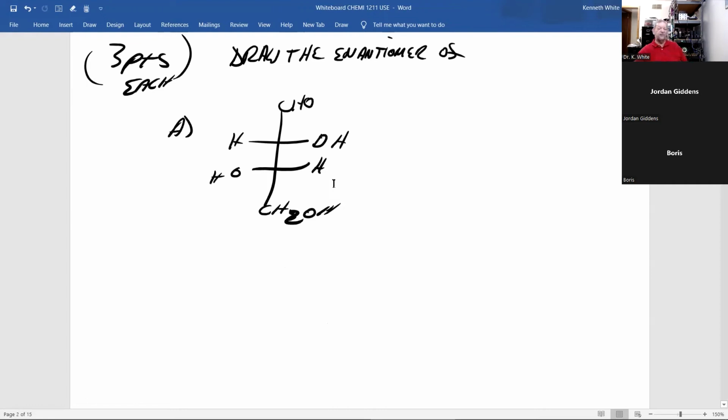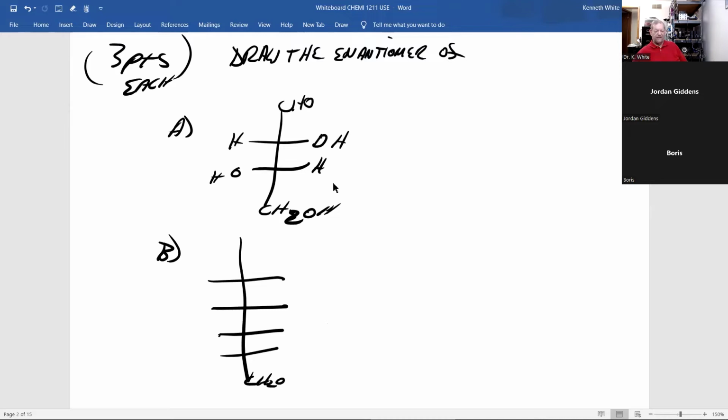Let's make it a 2 for Tuesday. And why don't you draw the enantiomers of those, both of those products? 3 points each. Mirror image.